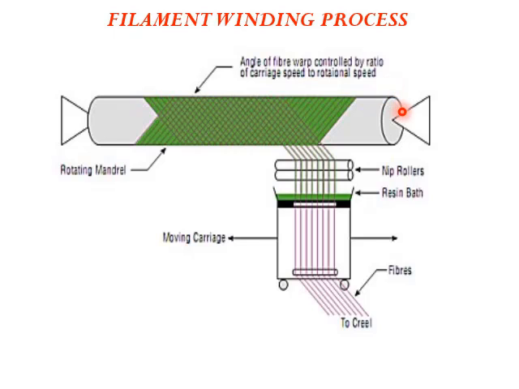So the mantle is rotated along with the transverse motion of the carriage. The carriage consists of a resin bath and two sets of rollers: one is a nip roller and one is a roller to control the dipping of the fibers into the resin.